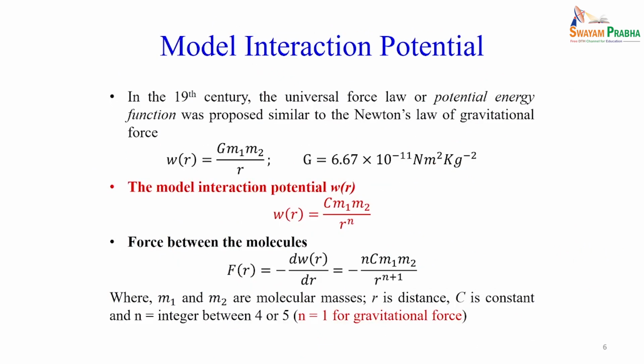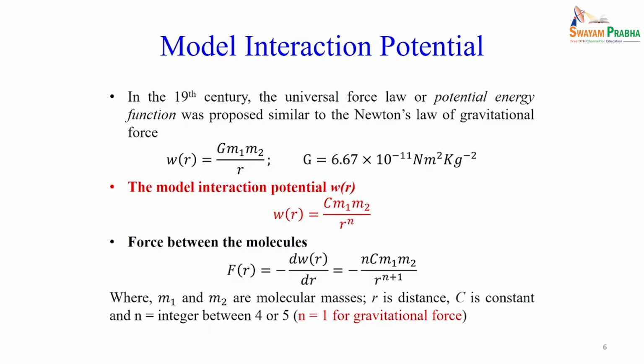So next, followed by this, we started with the model interaction potential in the 19th century, which says the potential is a simple function of the masses of the two and inversely proportional to the intermolecular distance between the two.